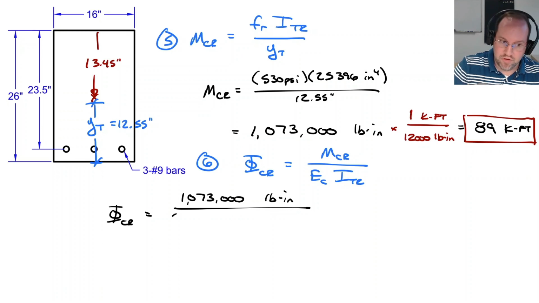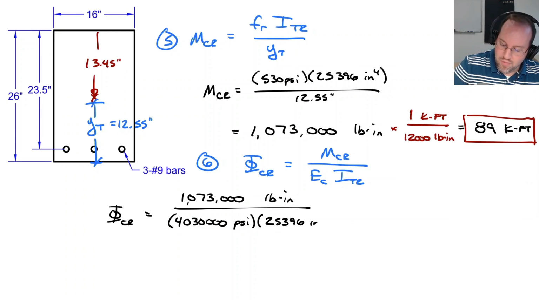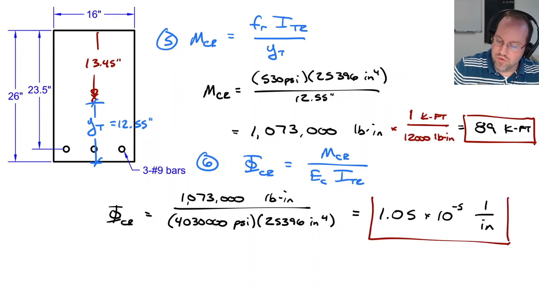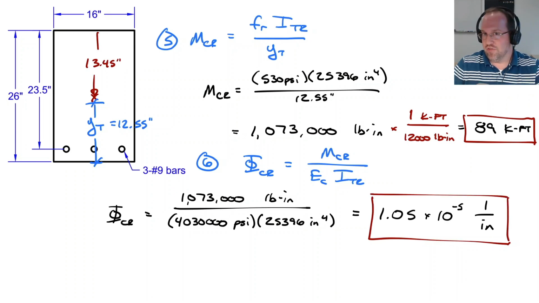Divided by my modulus, which was 4,030,000 psi, and then my moment of inertia was 25,396 while including my steel. Calculating this out, it is 1.05 times 10 to the negative fifth, 1 over inches. So that has also increased very slightly. The gross section is the conservative or safe approximation when you're going through design, but if you need a more exact number, this will get you there.